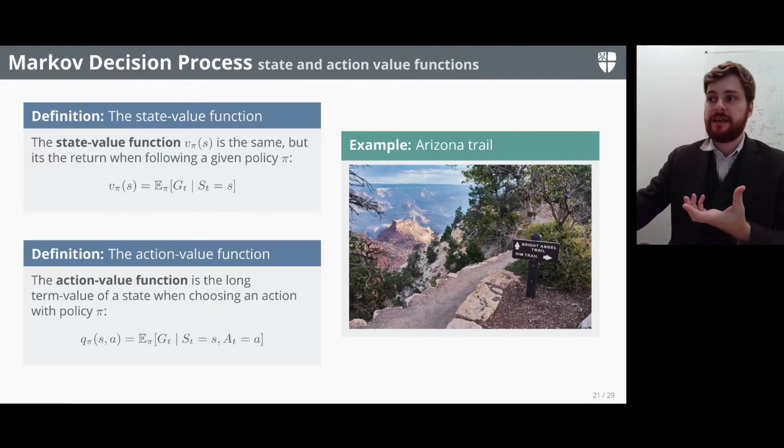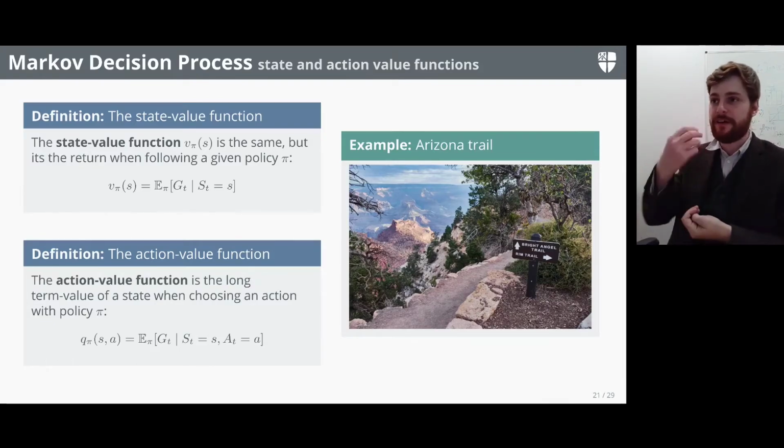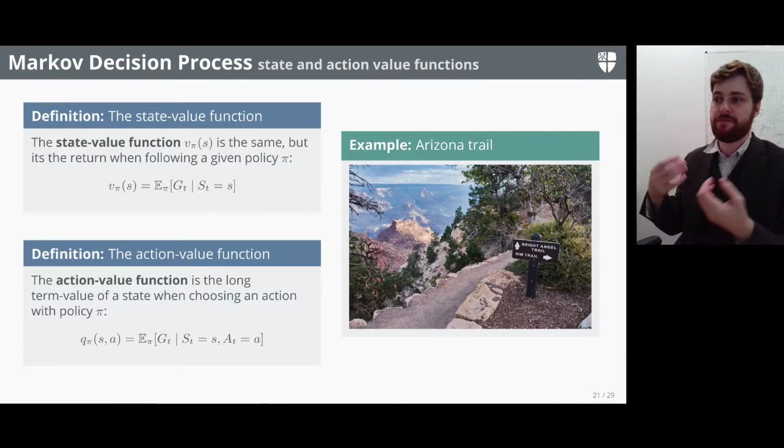I could either keep walking and reach that state of having a beautiful view, or I could choose the next state to just jump off and die. So if I was to choose the action of jumping off the trail, even if I was following the energetic policy, it would still have a very, very bad reward in the future because you'd be dead.